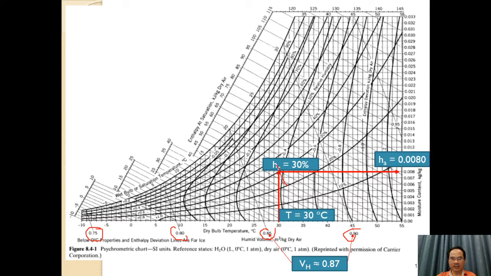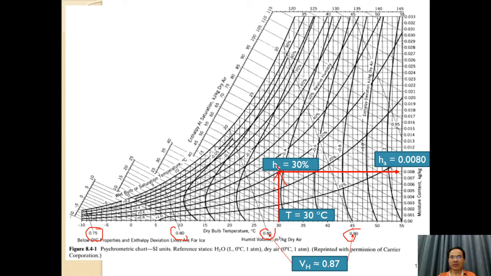This point is located between 0.85 and 0.9. You have to interpolate between 0.85 and 0.9. Maybe it's somewhere around 0.87, between 0.86, 0.87, 0.88, 0.89, and 0.9. About 0.87. This is the humid volume.